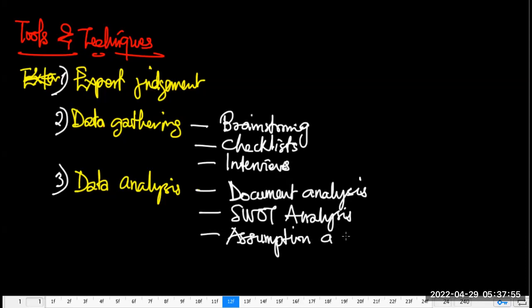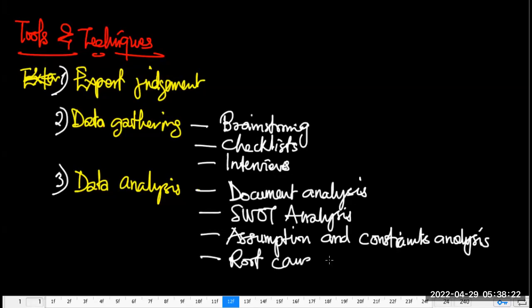So you can actually analyze your assumption log, and constraint analysis. There is also root cause analysis. I think we also saw root cause analysis under data analysis for plan. So that's it with data analysis.